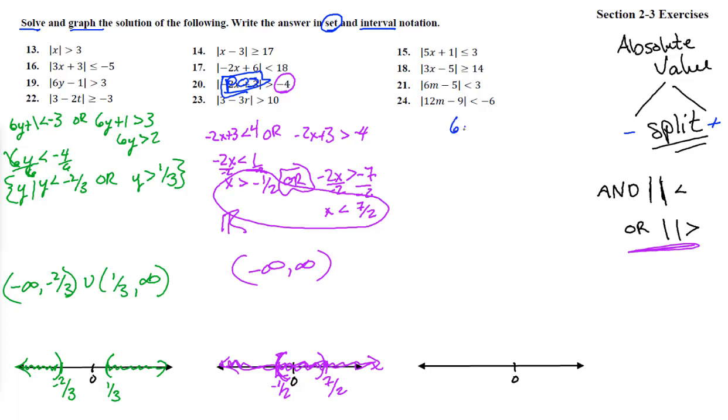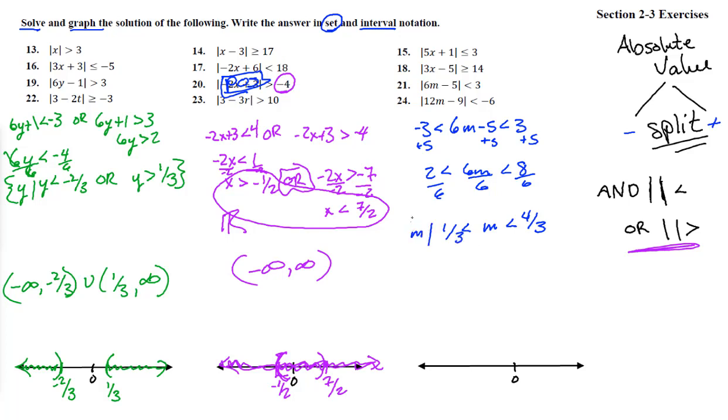We have 6m minus 5 is less than 3 and bigger than negative 3 at the same time. So we get to write it as a compound inequality. Add 5 to all three sides and we get 2 is less than 6m is less than 8. Divide by 6, divide by 6, divide by 6, and we get m is less than 4/3 and greater than 1/3.